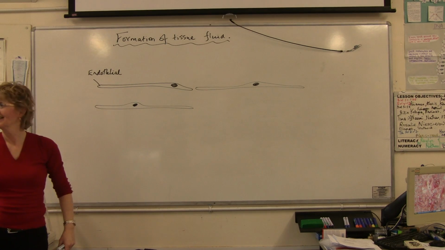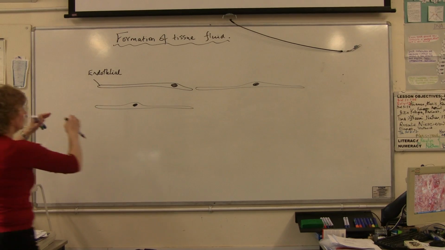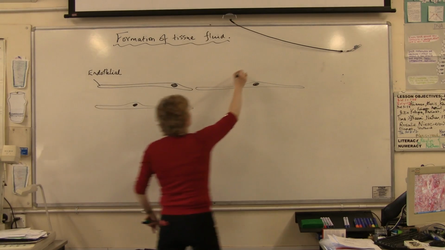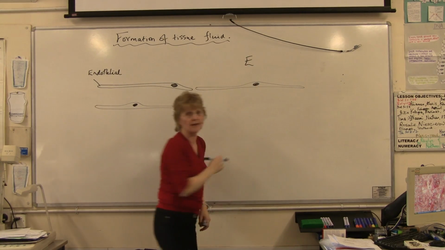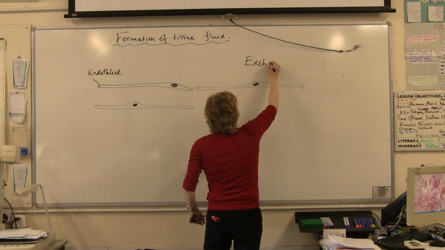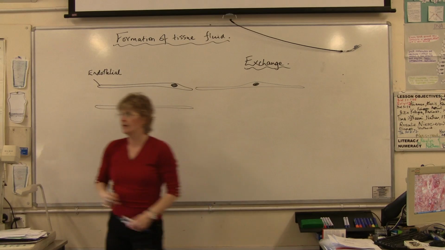Okay, all right. Katie then, when I should have said Kate. Go on. Waste products and CO2. Excellent. So one word for what is happening in the capillary then, beginning with E, would be, Naomi? Exchange. Brilliant. And that is what occurs in the capillary bed.